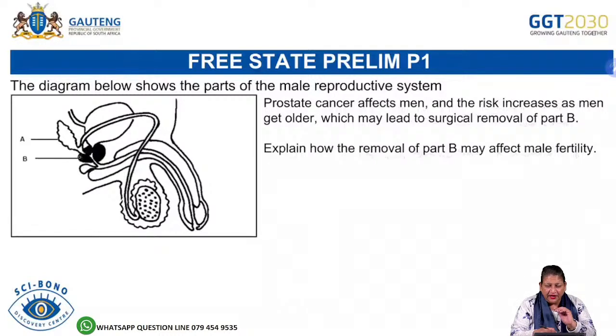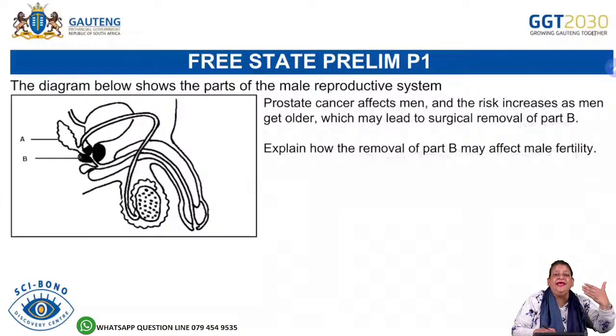So let's see again. You say, explain how part B may affect male fertility. Tell yourself, part B is a prostate gland. It secretes an alkali fluid to neutralize acidity in the urethra or vagina. Therefore, if there's no prostate gland, there'll be no alkali fluid to neutralize the acidity in the urethra, and this will kill the sperm cells or lower the sperm count, leading to male infertility.